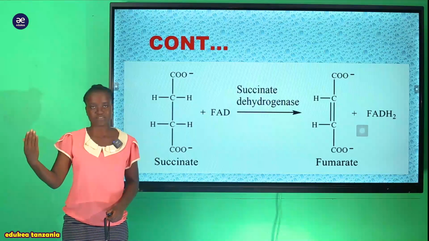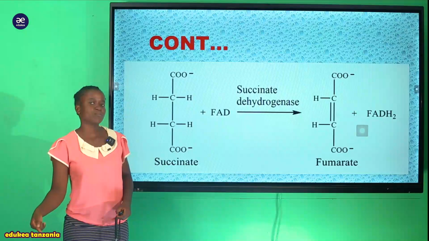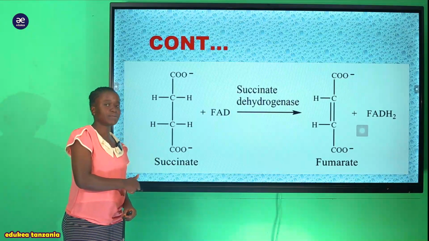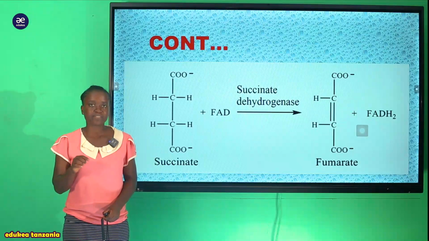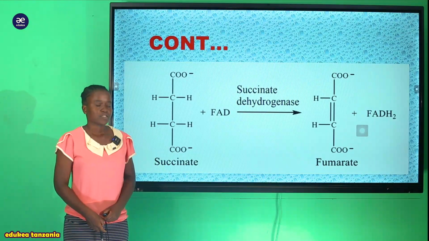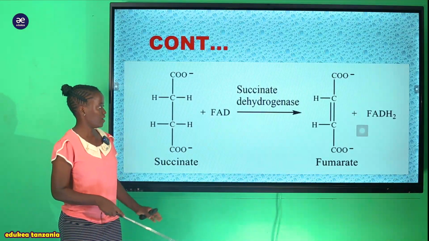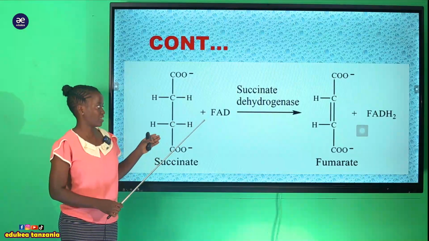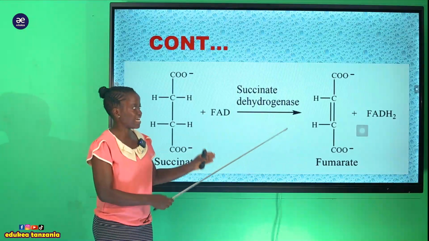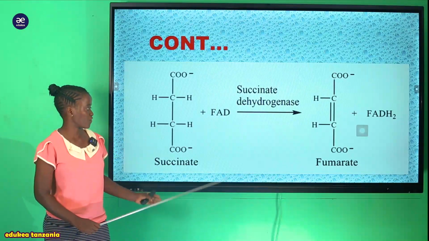Tutaenda kuona hizo product zilizotengenezwa, lakini moja kati ya hiyo product imetokana na hii stage ya 6 ya Krebs cycle. So that is what is happening. So my student, there is no need of you memorizing all of these structural formulas. It is just a matter of understanding.